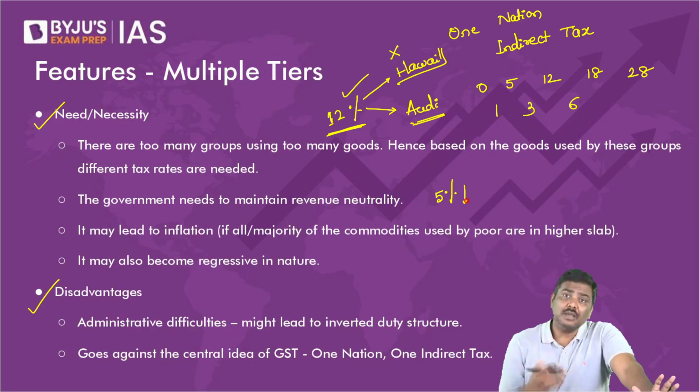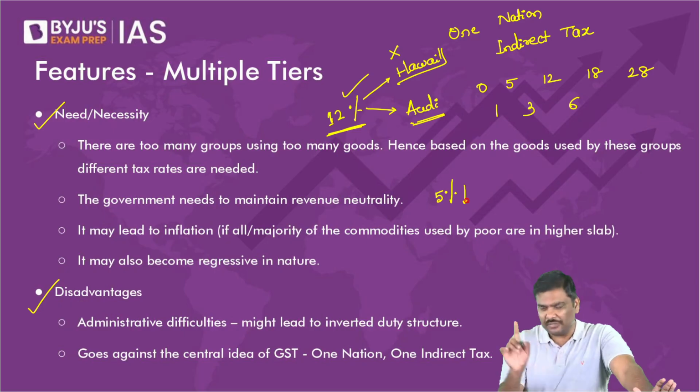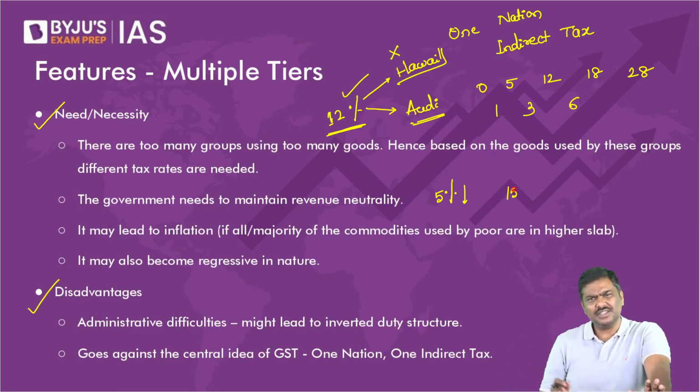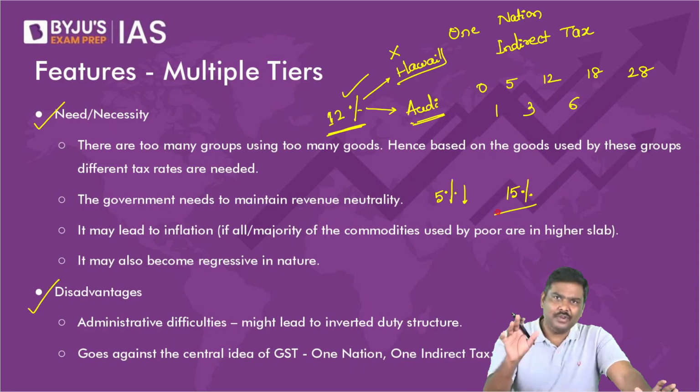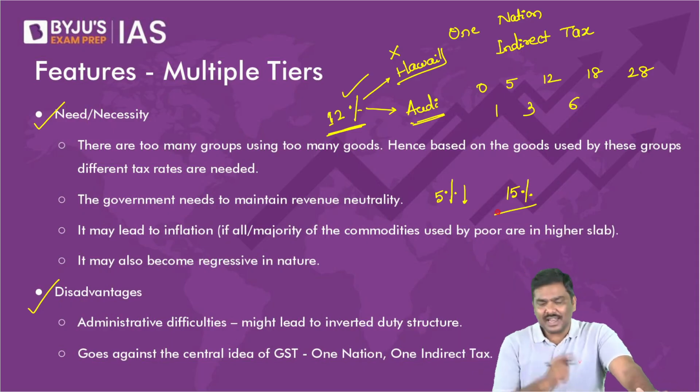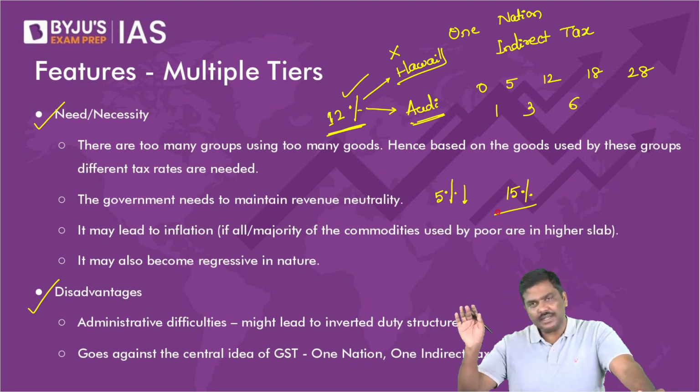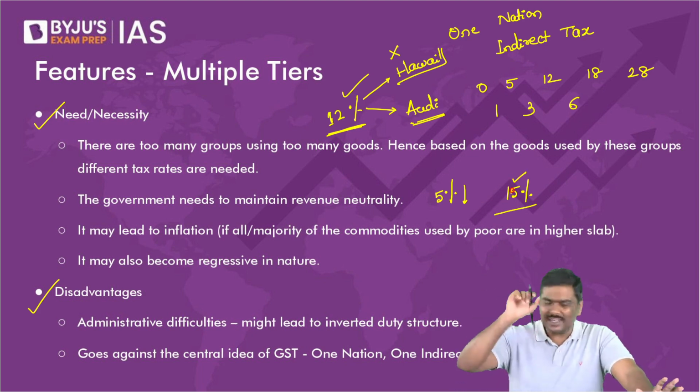Now that becomes a concern for the government. Now, some of you will say, in that case, sir, do not have only 5%. Have it at a higher level, let's say 15%. All the goods and services under GST have it uniformly at 15%. Now, please tell me, if you keep the GST rate only one rate at 15%, no doubt taxes will start increasing.